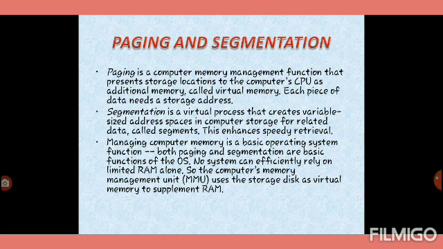We already discussed what paging is and also what segmentation is. Paging is dividing the disk where the jobs are stored into equal pages. Whenever we talk about paging, the division will be of equal size. These pages will be accommodated in the physical memory or main memory of a computer.